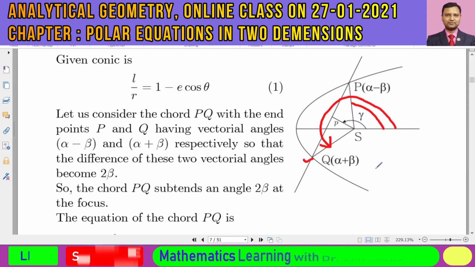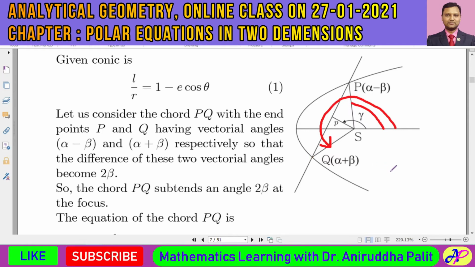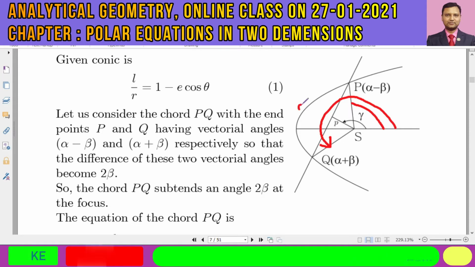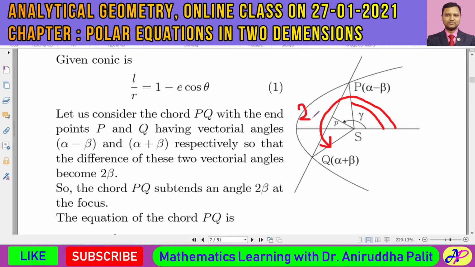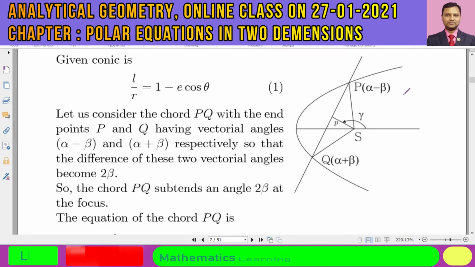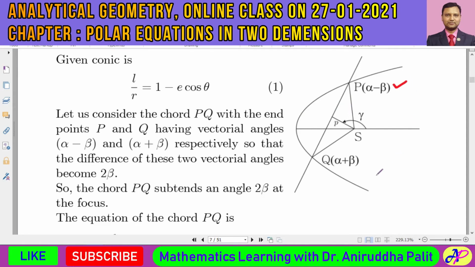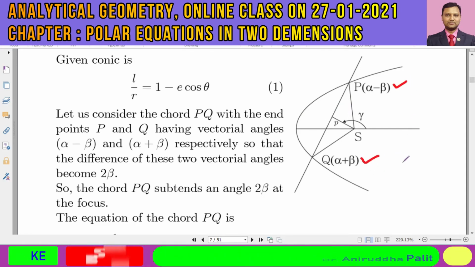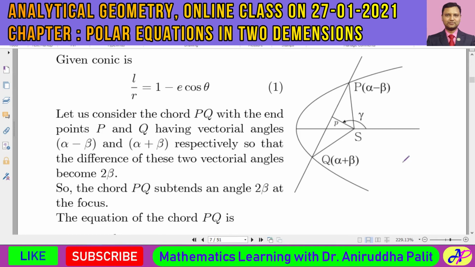That is the vectorial angle of the point Q. The difference between these two angles should be equal to 2β. That's why the vectorial angles of P and Q are taken as α - β and α + β. Got it?